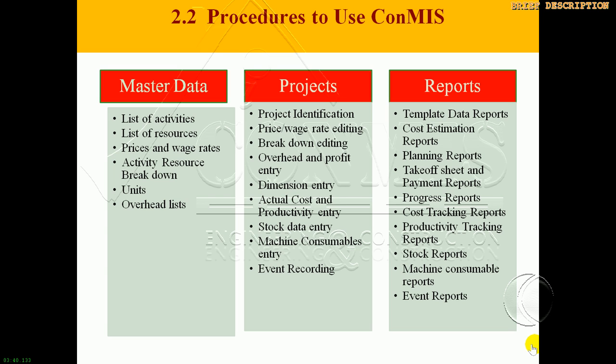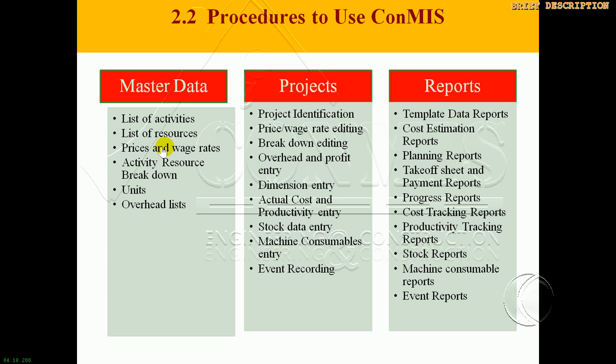And then how it processes. The system has 3 parts or 3 phases. The first one is the master data, then the project, then the reports. In the master data, you have a list of activities, list of resources, price and wage rates, activity resource breakdown, units, and overhead lists.